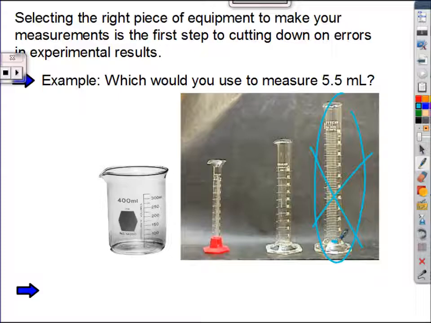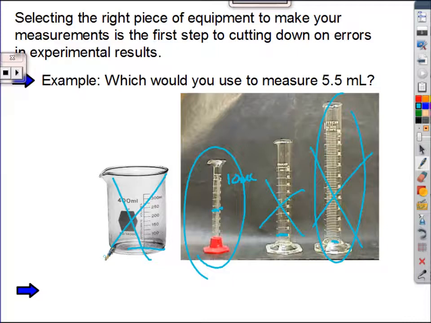This one is a little bit better, it's kind of down here, but still not too easy. This one is probably your best measurement. It's right in the middle of your 10 mL graduated cylinder, so it's going to give you the best measurement. And this one, obviously, absolutely not. You can't even tell where the 5 is on there.